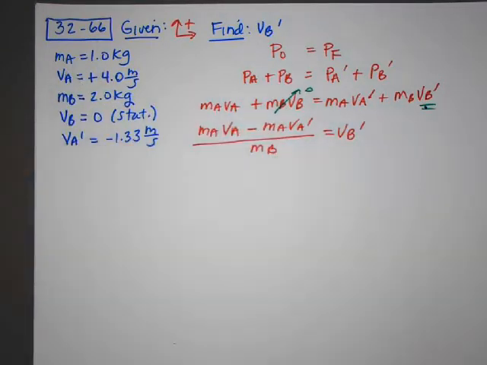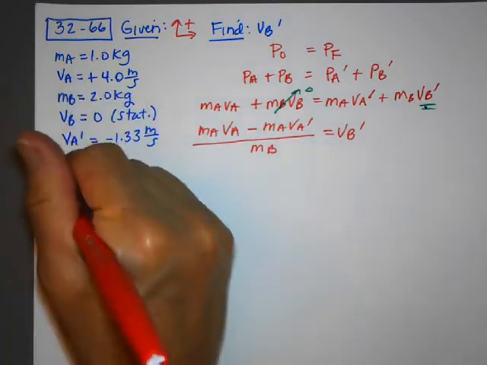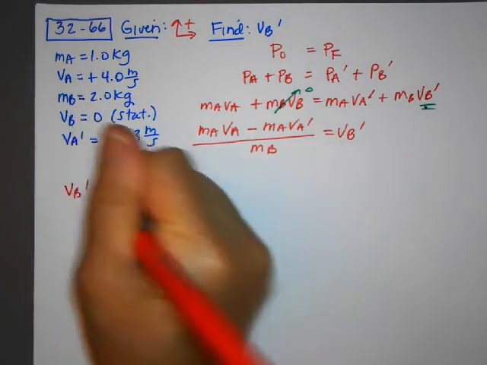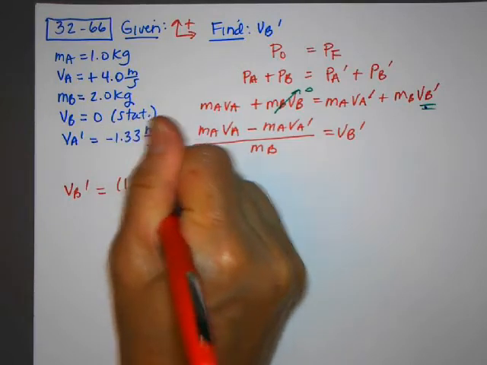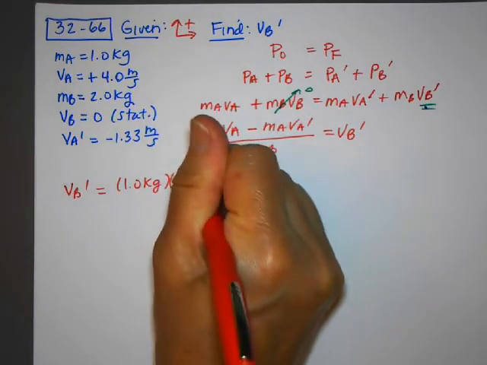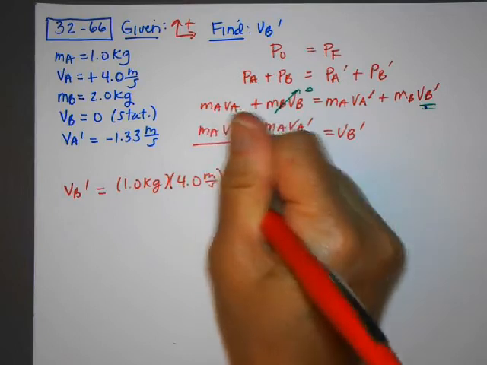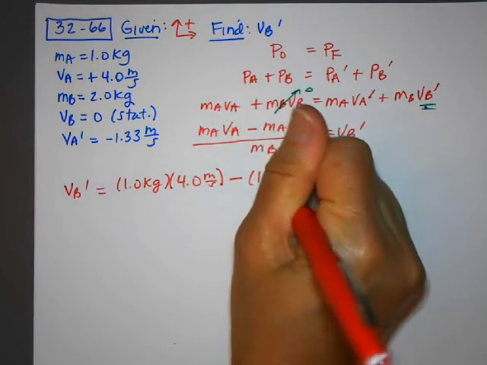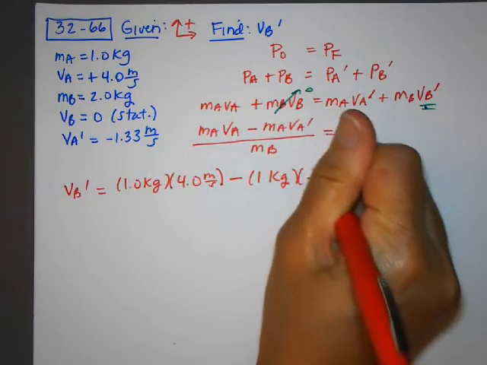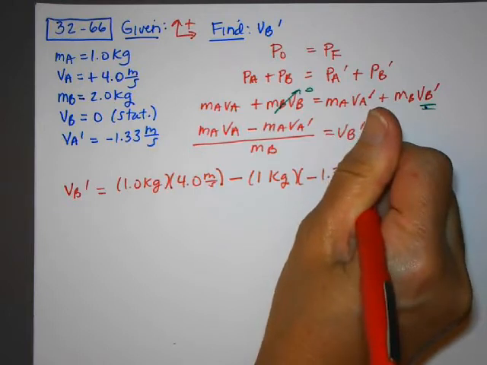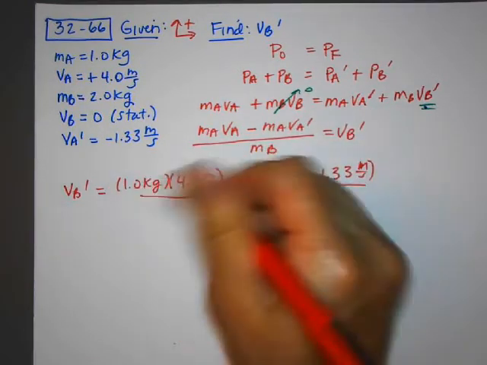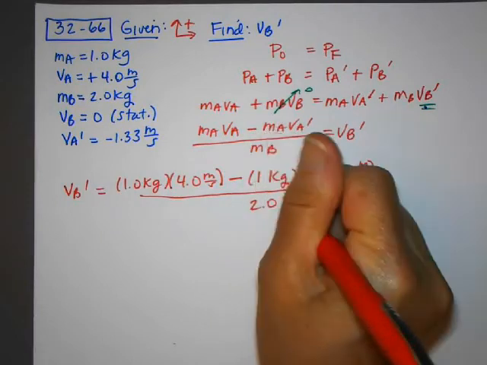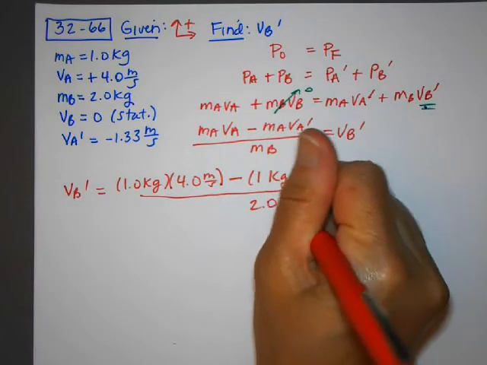Now when I substitute in my values, VB prime is equal to 1 kilogram times 4 meters per second, and remember that's positive, minus 1 kilogram times negative 1.33 meters per second, divided by 2 kilograms.